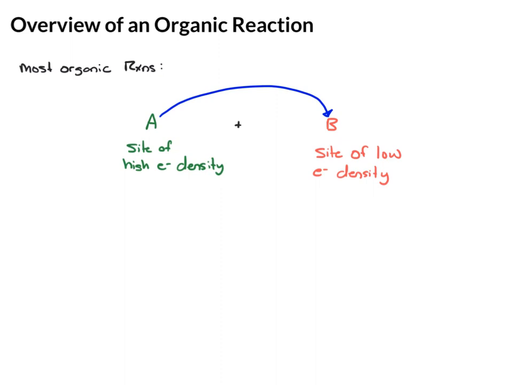So the site of high electron density is what we call the nucleophile. And that's often abbreviated as just Nu. And the site of low electron density is called the electrophile. And we'll often just abbreviate that as E or E+.